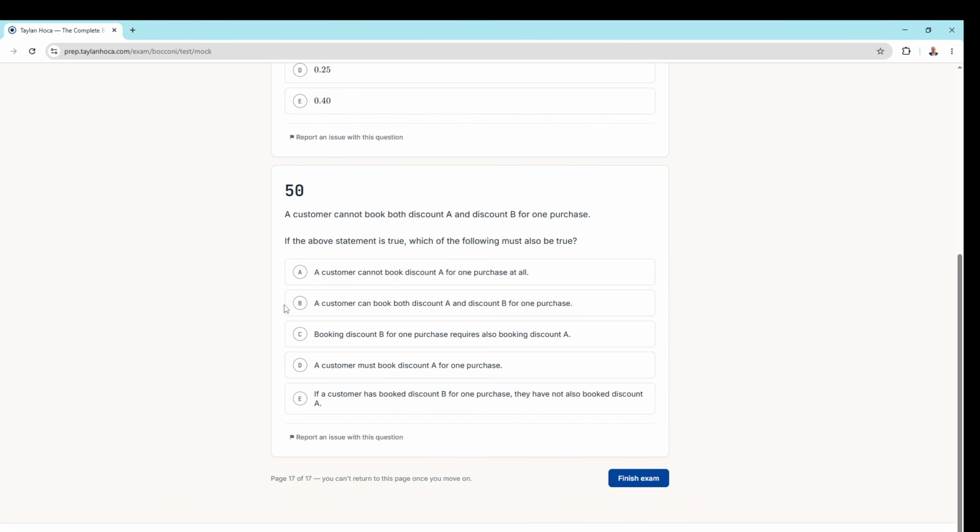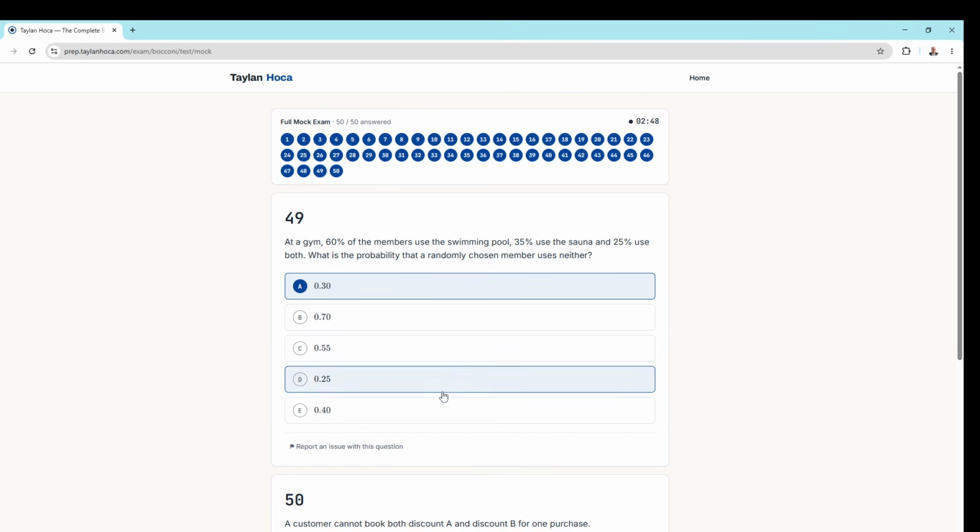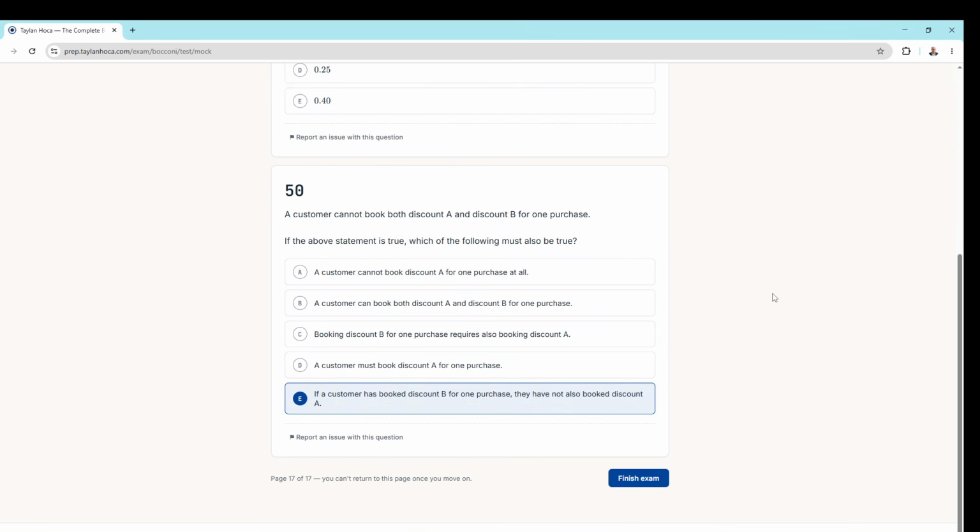No, cannot, because you cannot do both. A customer must book this? No, we don't have must. If a customer has booked discount B for one purchase, they have not also booked A? Yes, because they cannot do both. Yeah, we are good on time.